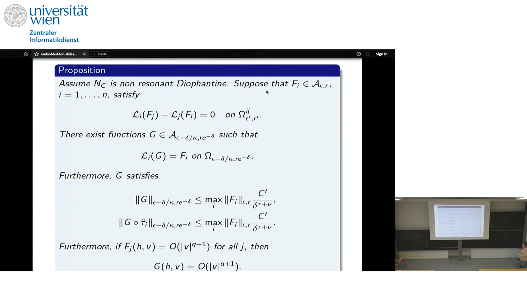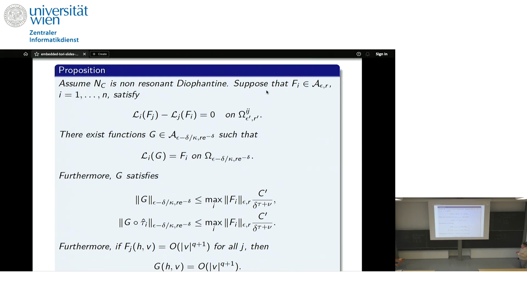So you have what is usual: you have to shrink the radius, you need to shrink a little bit the neighborhood of the torus, the way you define it. And so not only do you have a solution, but you have an estimate. And this estimate goes like that. You can estimate the solution on a smaller domain by the max of the right-hand side on a larger domain.